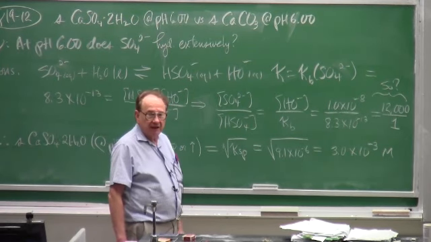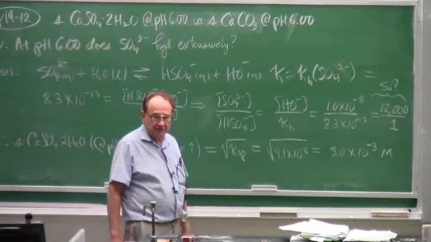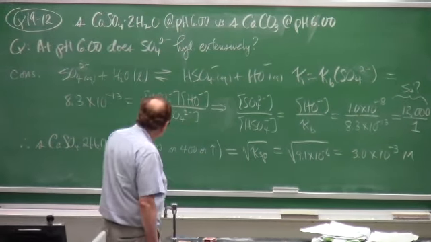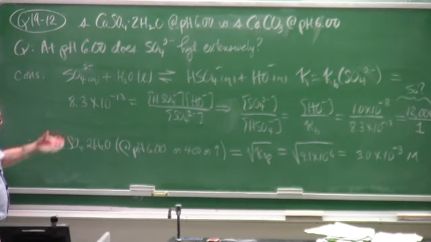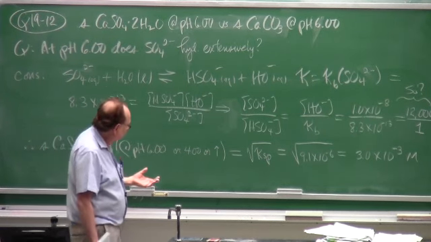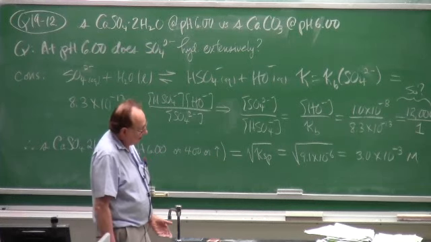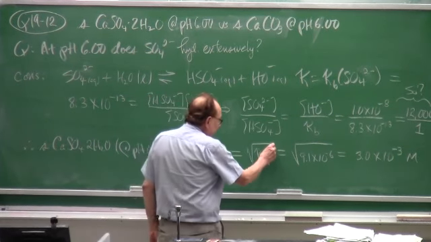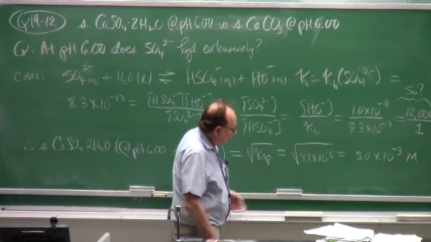But in any system at a pH higher than 4, even 4, sulfate hydrolysis is negligible. So I wrote that over here. Therefore, based on this analysis, the solubility of calcium sulfate at pH 6, or really any pH 4 or above, is the square root of Ksp, because hydrolysis of sulfate is nothing to speak of. There's Ksp, there's the solubility.